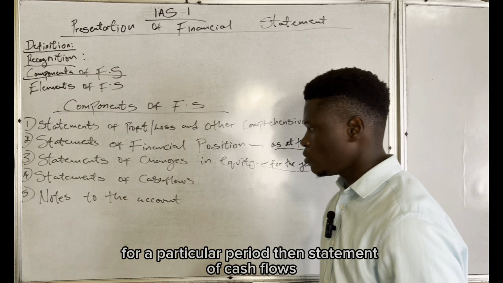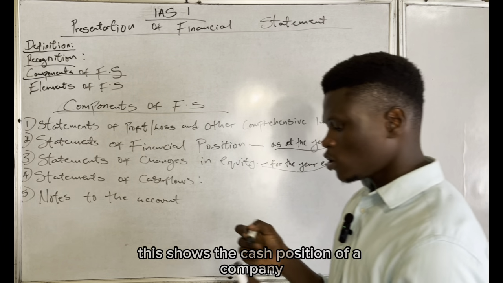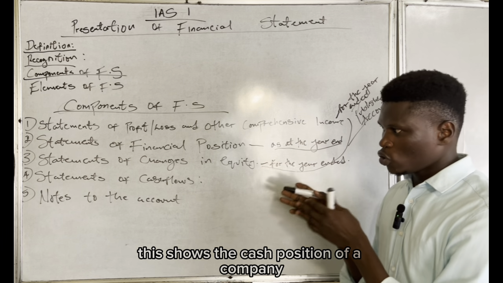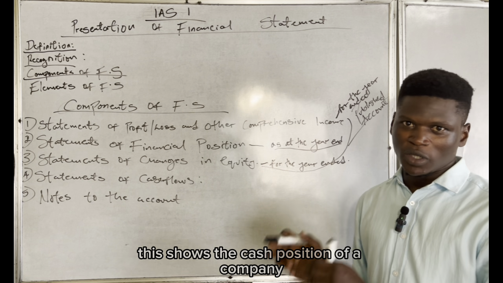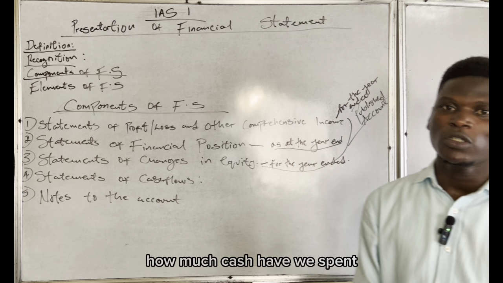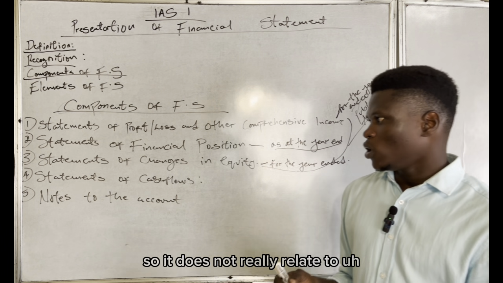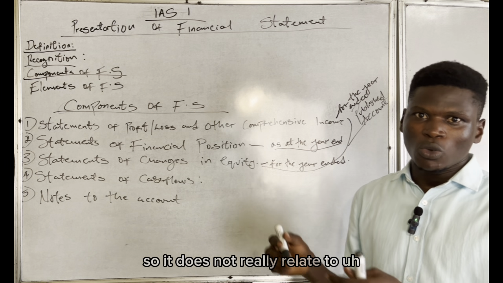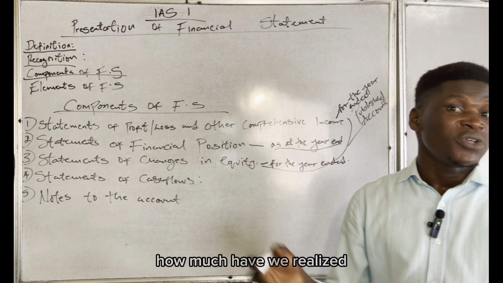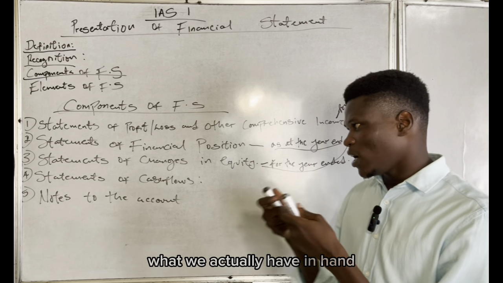For a particular period. Then statement of cash flows. This shows the cash position of a company, like how much cash do we have, how much cash have we spent, how much cash did we actually use. So it does not really relate to how much have we realized, like how much did we actually get cash, what we actually have in hand.